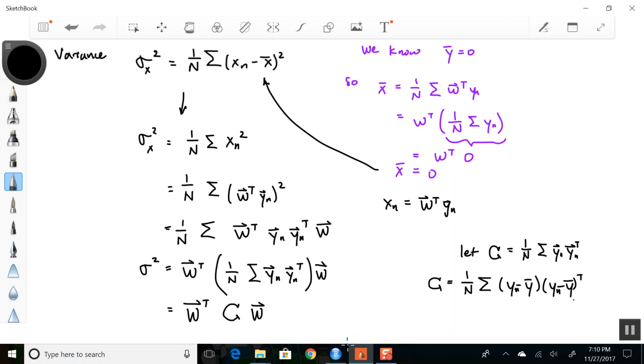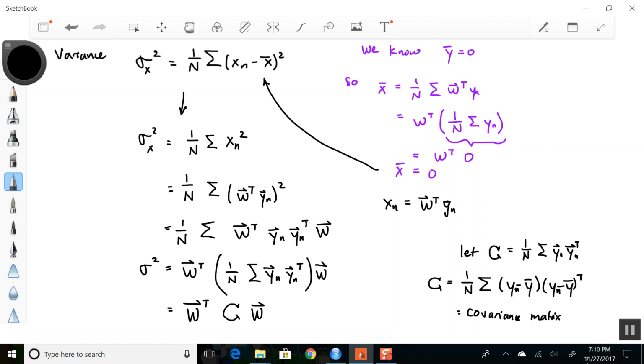I don't know if this looks familiar, but this is the covariance matrix. This is the definition of the covariance matrix.